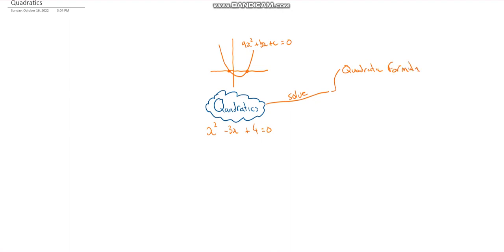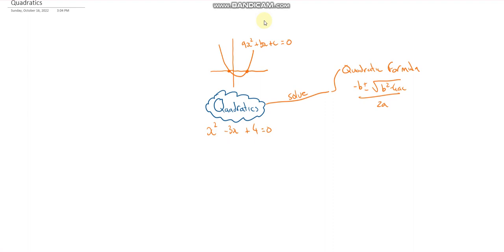So for any equation, any quadratic, and the way I've written it out there with the a, the b, and the c, quadratic formula, negative b, plus or minus the square root of the discriminant, okay, that's going to give you your two solutions. Okay, that will give you your two roots, or it won't work, and that means you've got no roots.